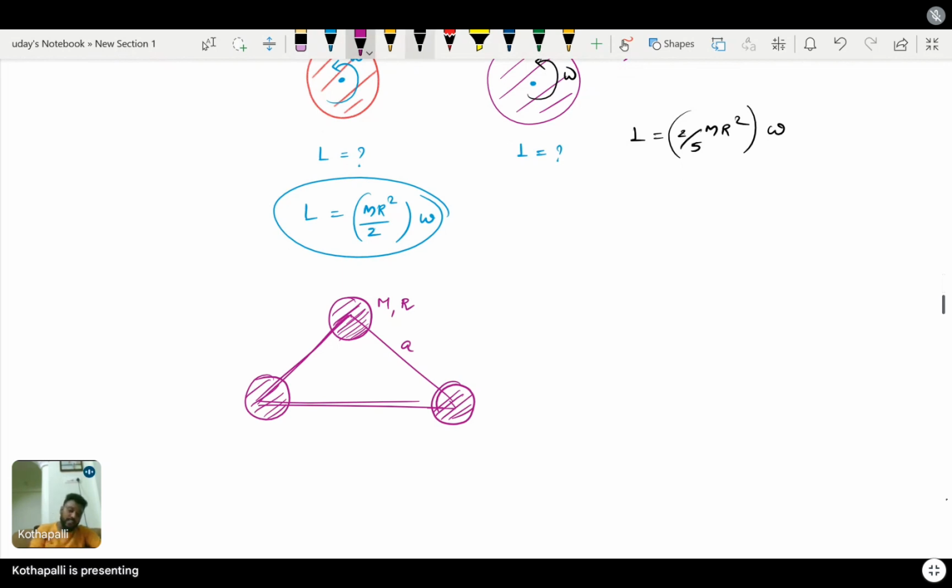Now this system is rotating about an axis passing through the center of one of the spheres with omega. What is the angular momentum of this system? All three are identical, with m and r. Complete it and tell me the answer.